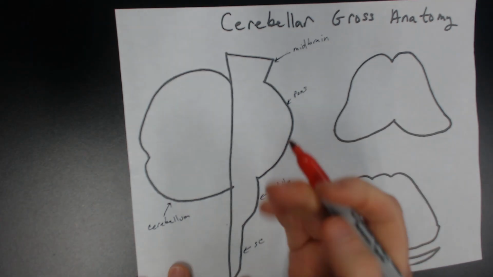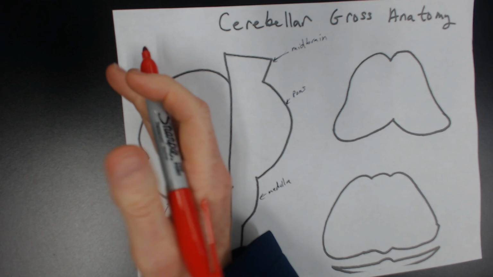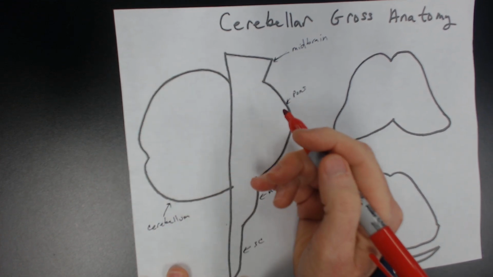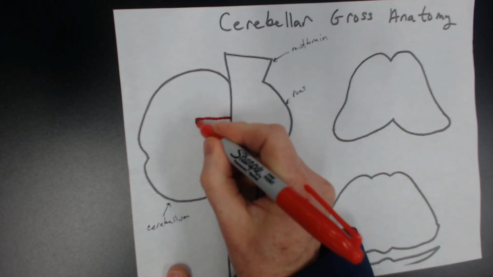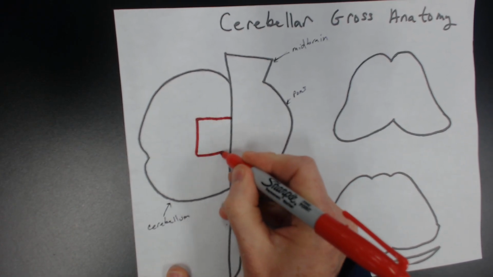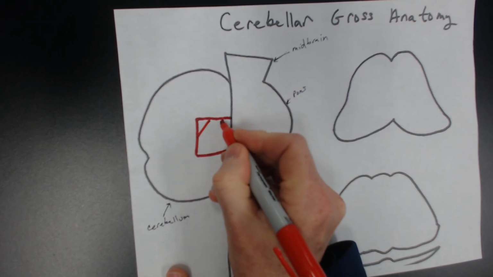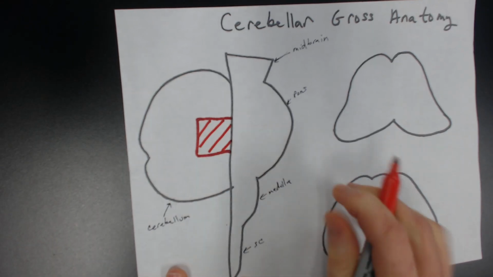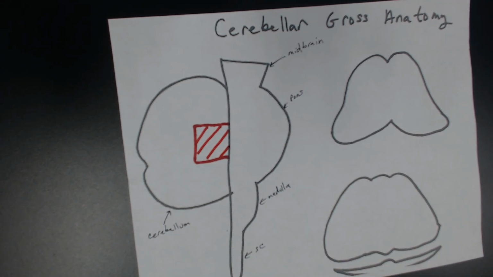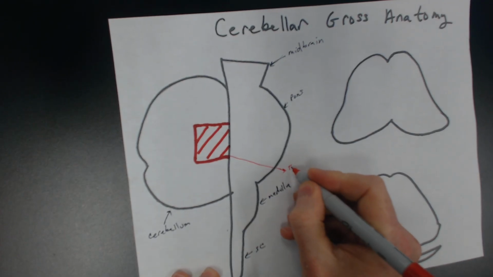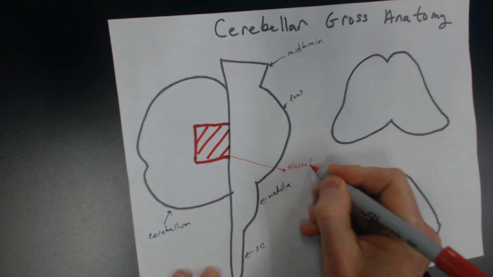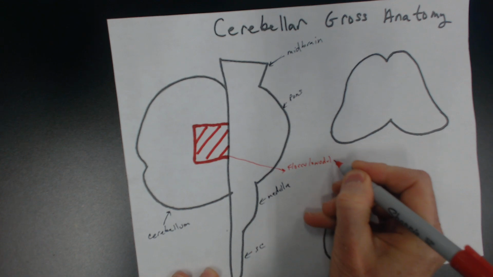Right back here, and it's actually behind the pons, and it's kind of tucked away back behind the brainstem. There's going to be this area here, which I'll show in red. Okay, that area has a very specific name. I don't know who named it, but this is called the flocculo-nodular lobe.